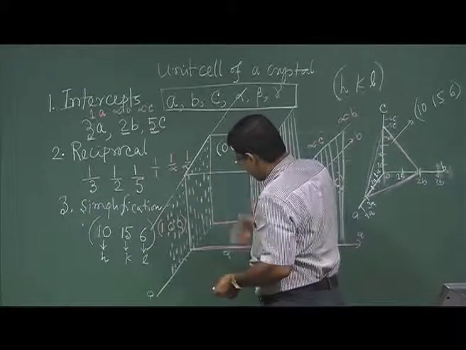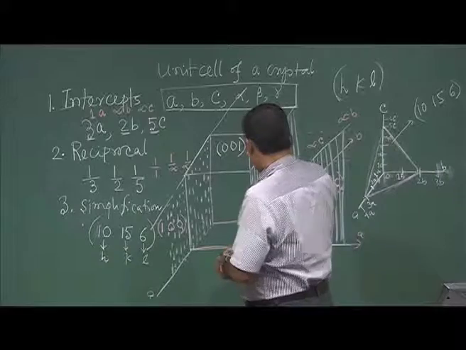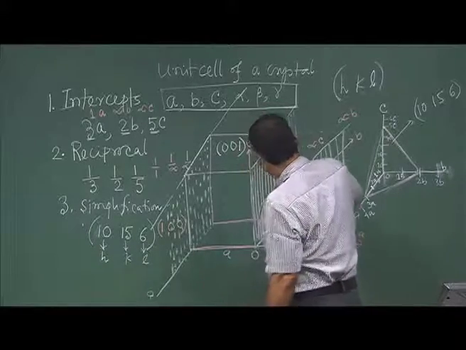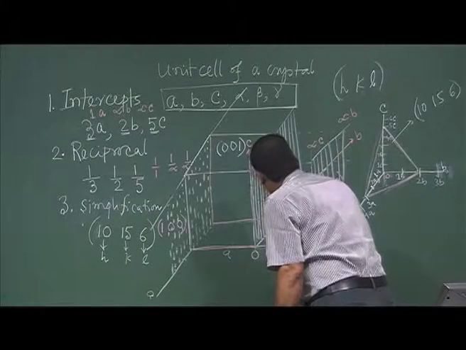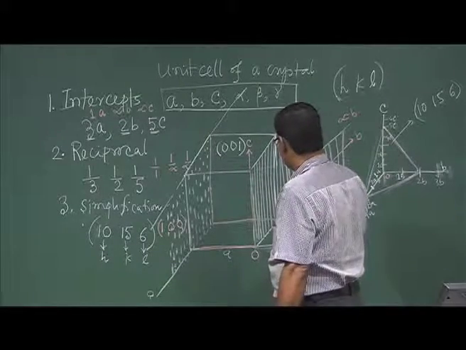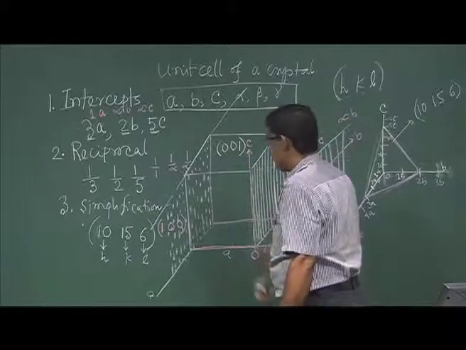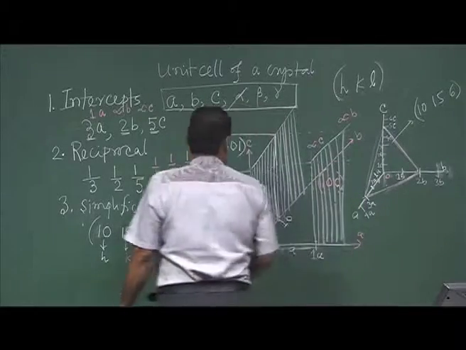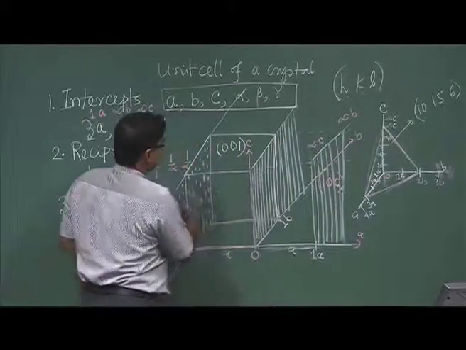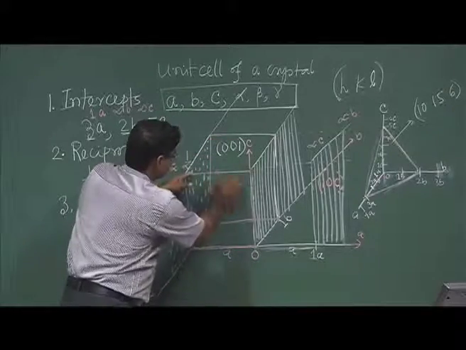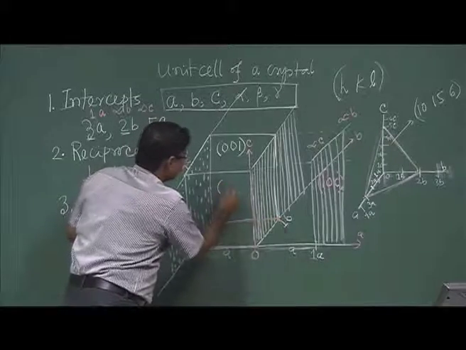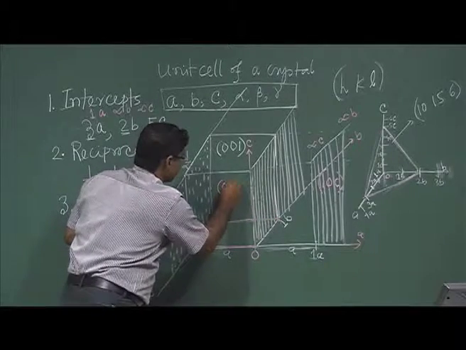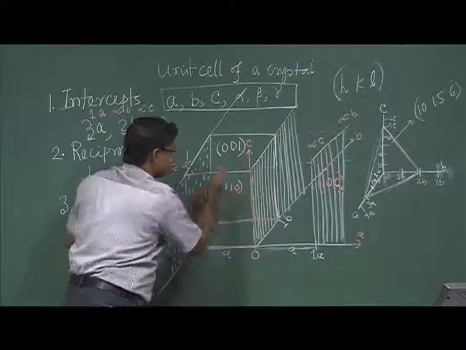It cuts the B axis at 1B, and is parallel to A and C. So this plane will be 0 1 0. Okay.